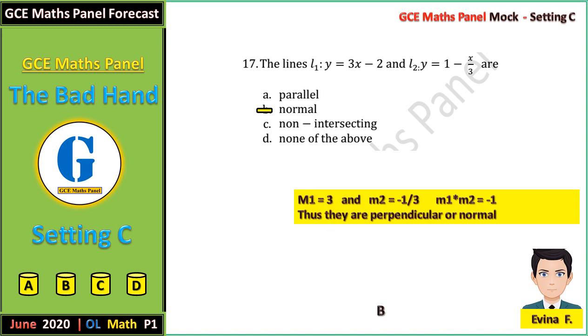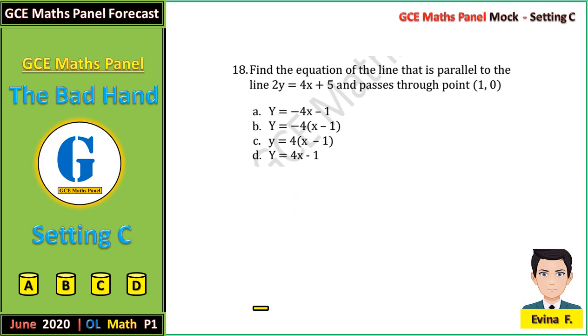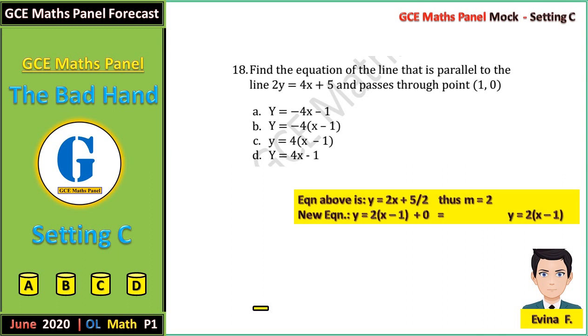Question 18. Find the equation of the line that is parallel to the line 2y equals 4x plus 5 and passes through the point 1, 0. An equation of the line that is parallel to another line means the two lines have the same gradient. But if you look at this line, it is not in standard form. It has to be in the form y equals mx plus c. So dividing all through by 2 gives us y equals 2x plus 5 on 2.